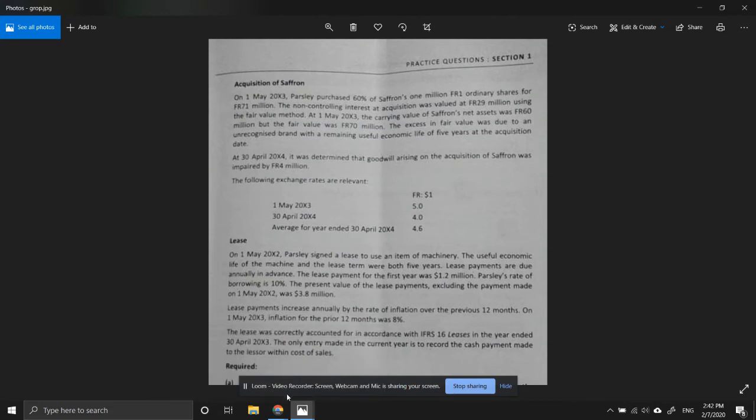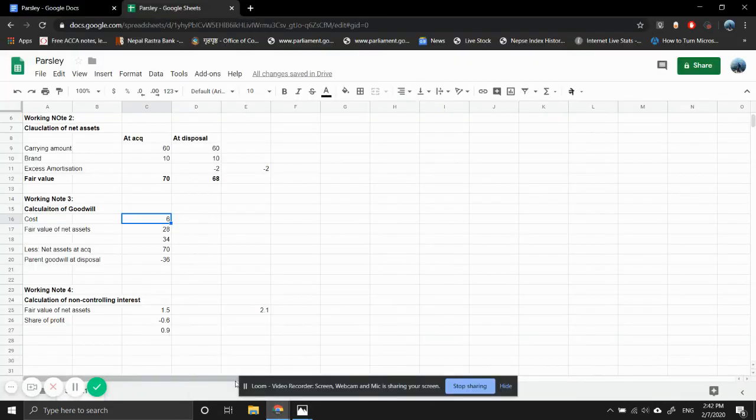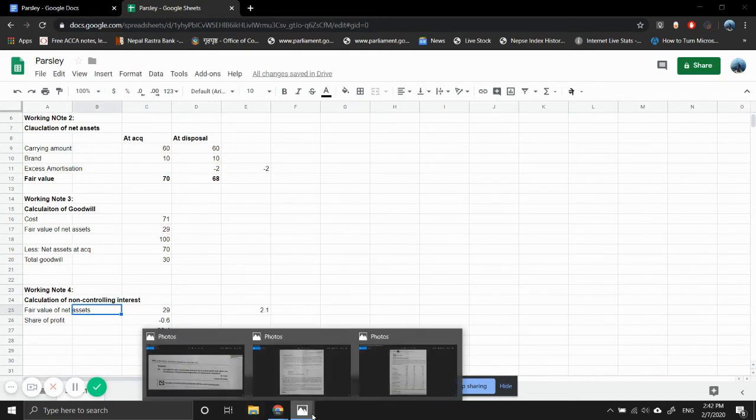So 71 and 29, 29 net assets, same thing. So this will be total goodwill, and then fair value of net assets. Do we need to calculate this? I don't think so. We don't need it, I guess.